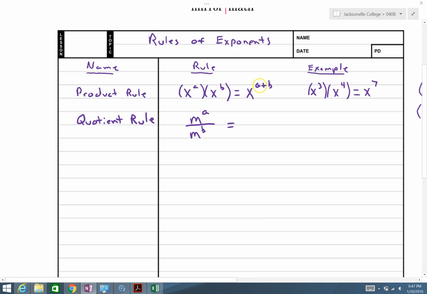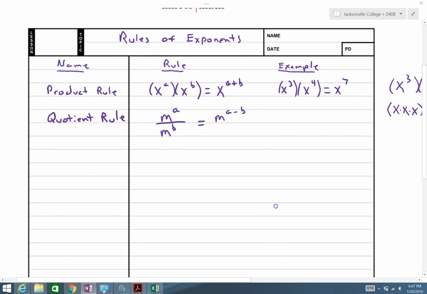When we're multiplying, we add exponents. When we divide, we subtract exponents. That makes sense to me. A minus b. Let's look at a concrete example of that. Let's say we have m to the power of 5, and we divide by m squared. Well, that's going to be m to the third.